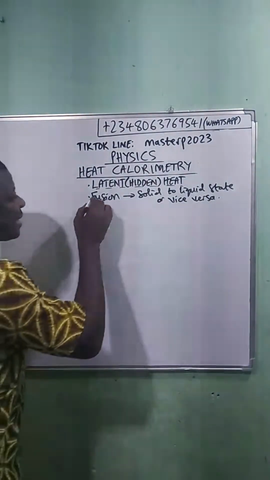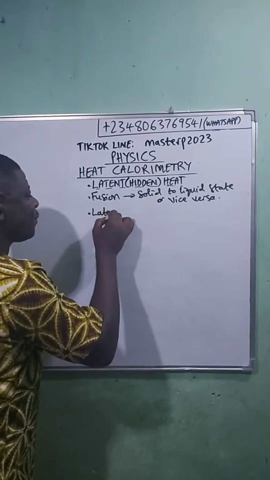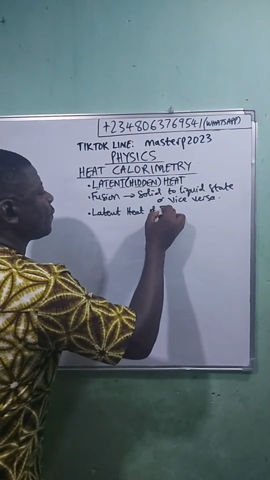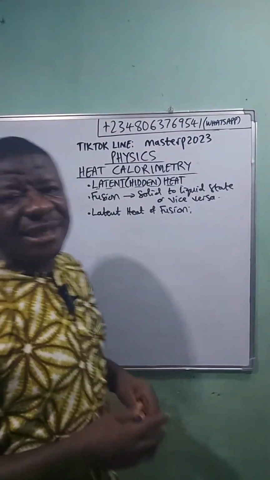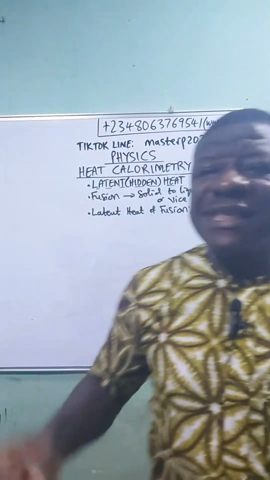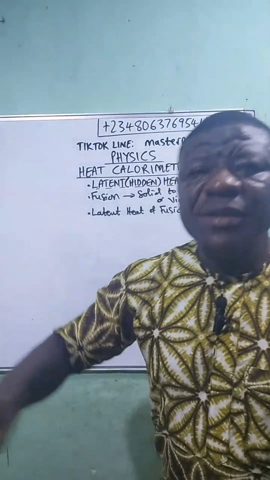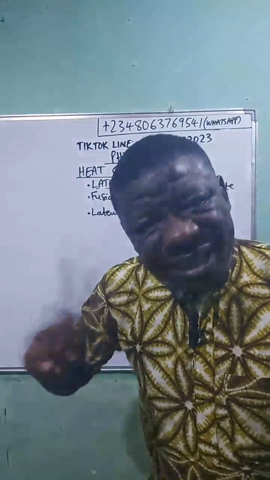So there's a difference between fusion and latent heat of fusion. Latent heat of fusion is the heat energy that is required to change the state of a substance from solid to liquid or vice versa, without a change in temperature.